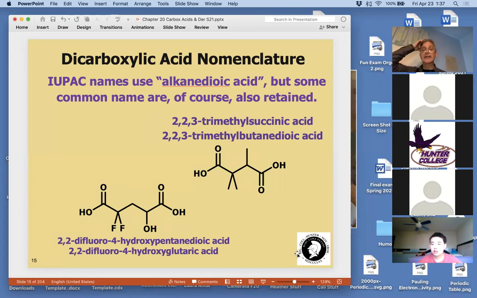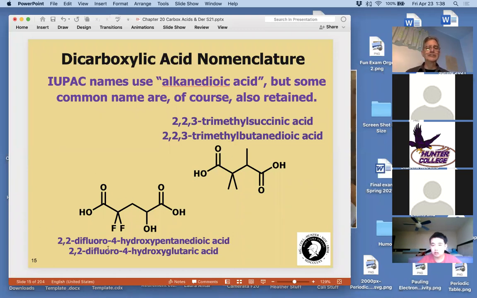Okay, IUPAC names are nothing new. Got diols, diones, dioic acids. So this one, the bottom name, 2,2,3-trimethyl butane dioic acid, more commonly called 2,2-dimethyl succinic acid.